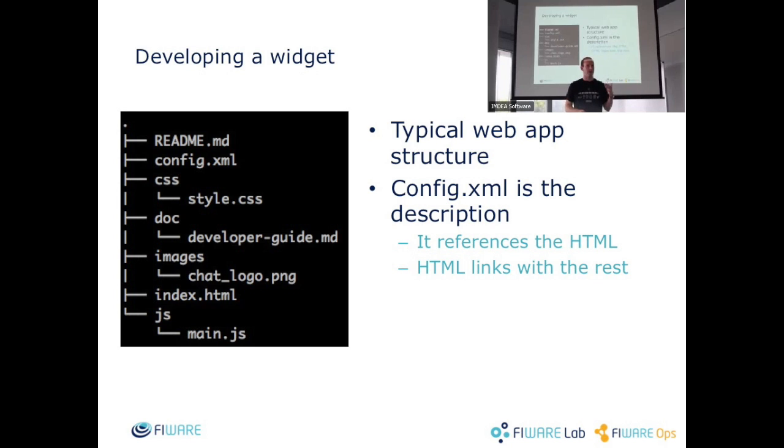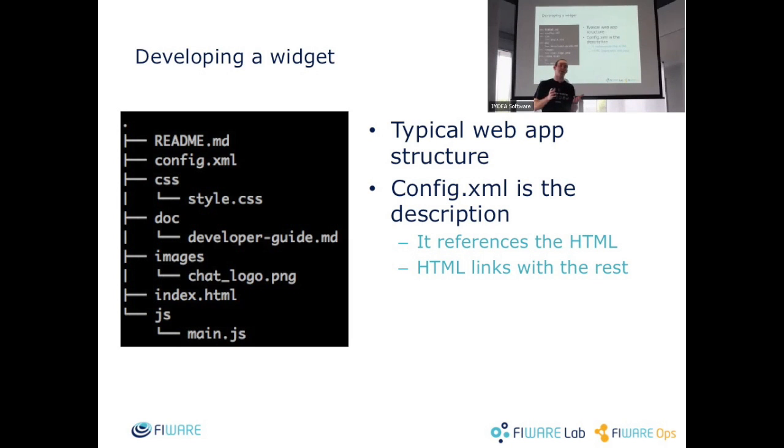It's a declarative element that indicates what the widget is going to do, and in the case of a widget, it links to the HTML file that is the main interface of the widget.